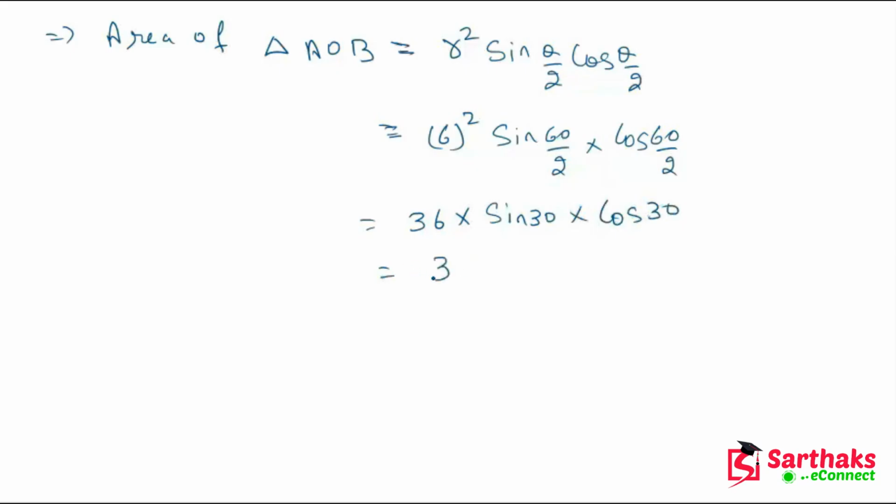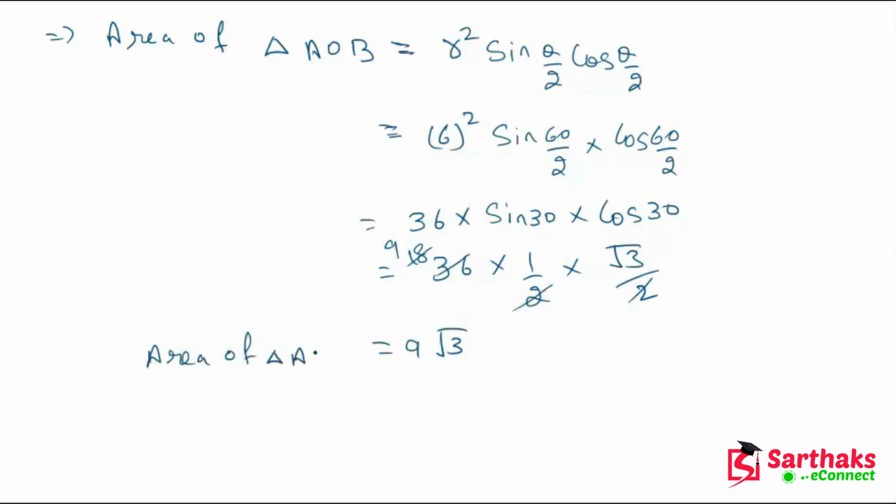So we get 36 into 1 upon 2, and this will give root 3 upon 2. Okay, and if we solve it, we get 18, and if we divide 18 by 2, we get 9. So we have 9 root 3. So area of triangle AOB is 9 root 3.